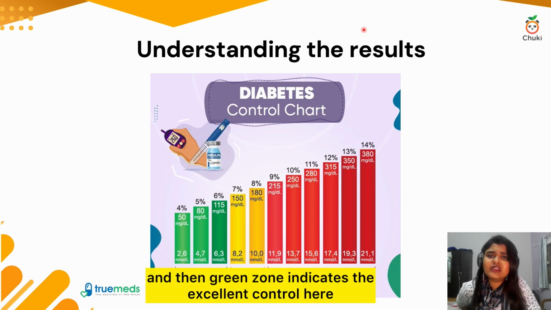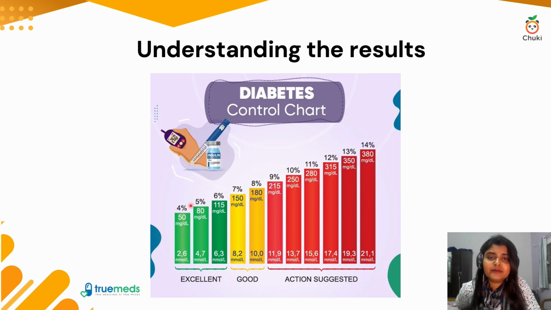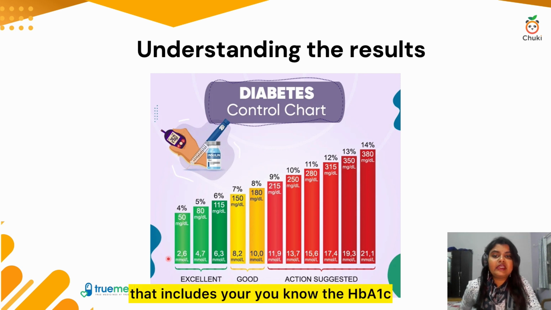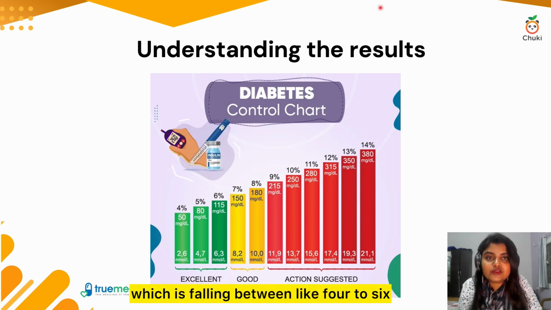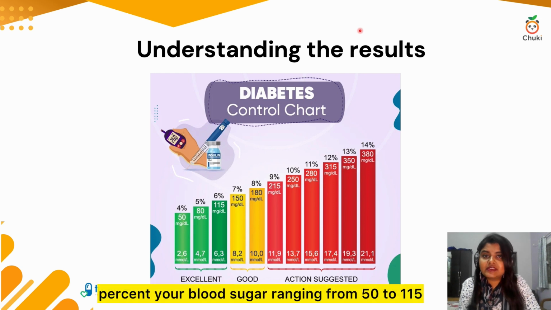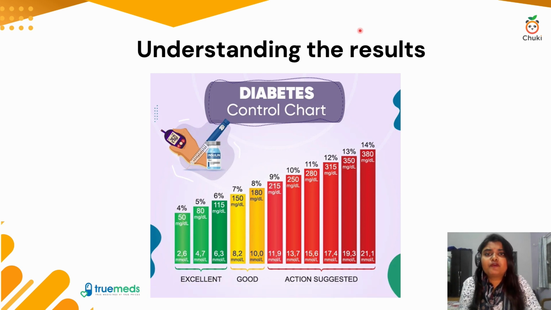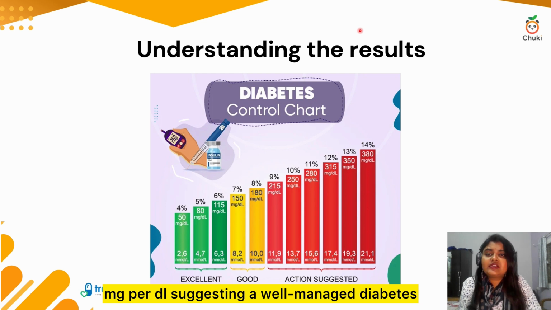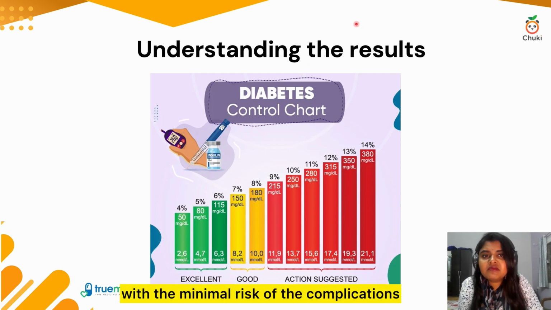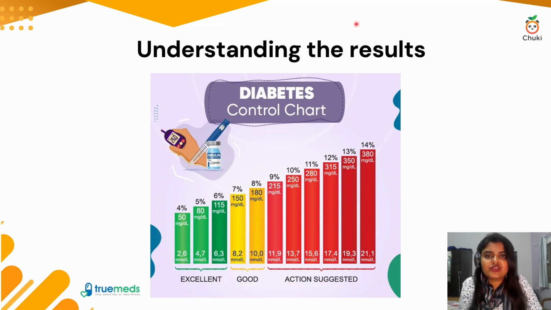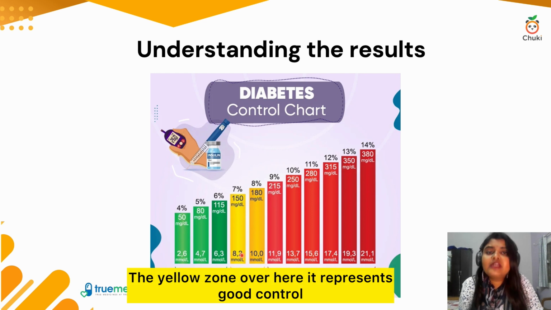The green zone indicates excellent control. That includes HbA1c falling between 4 to 6%, with blood sugar ranging from 50 to 115 mg per dl, suggesting well-managed diabetes with a minimal risk of complications.